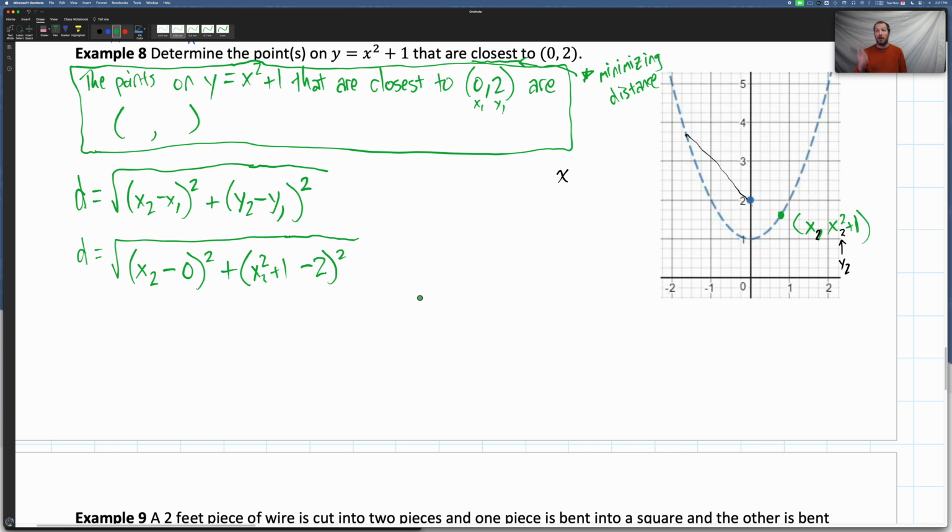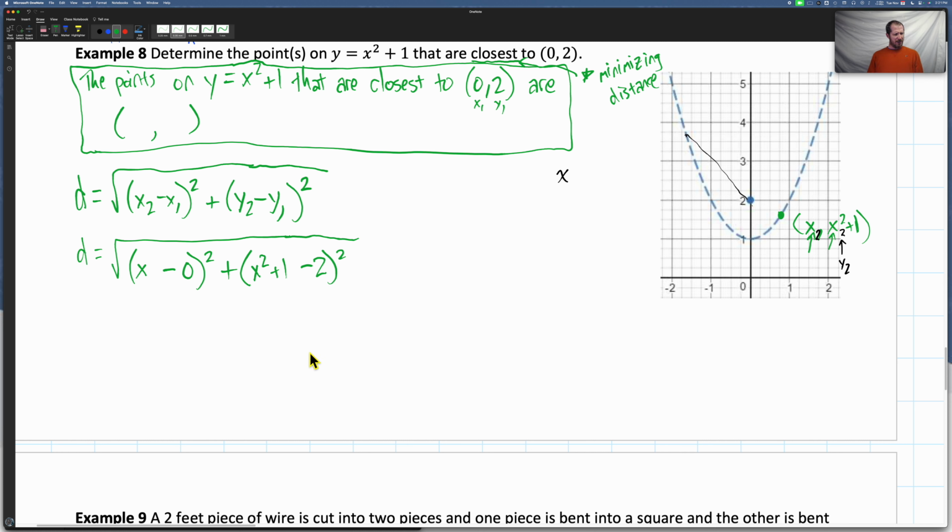Now we've got a distance equation in terms of just one variable. For the sake of simplicity, I'll get rid of those sub 2's. I just have to remember that when I find my x, this is where I'm going to plug it in, here and here.